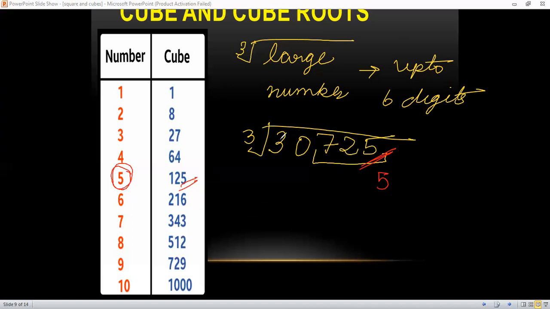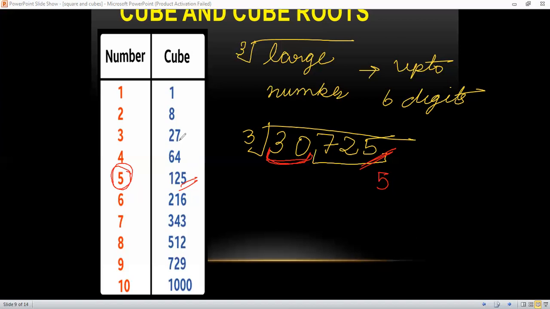Now, next, I will check with 30, the remaining part of the number. I will check in the cubes of the numbers where 30 is coming in between.